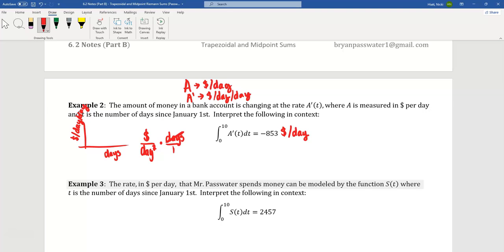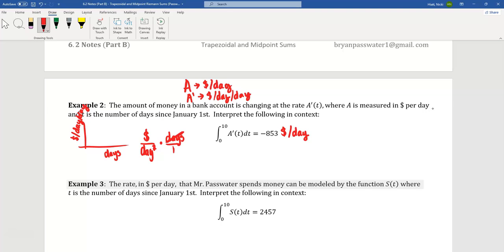I wonder if he meant to put an A prime on that, because it would be much easier to interpret. If we're talking about dollars per day, we're not talking about the amount of money in the account, we're talking about the rate at which the money is changing, right?